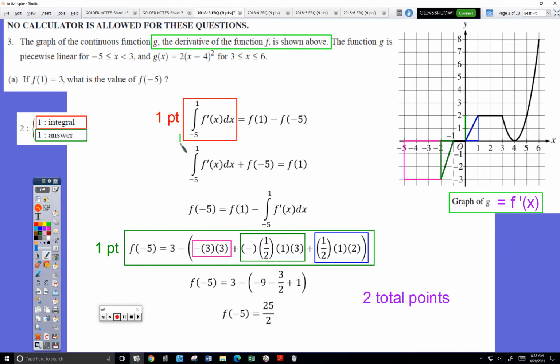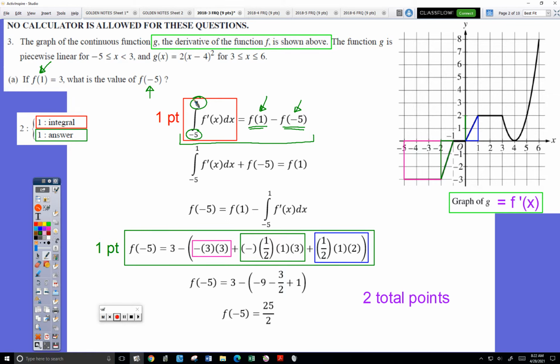The integral of f prime is equal to the difference in two f values. I'm going to pay attention to x equal 1 and x equal negative 5, because I need to find the value of f when x is negative 5, and I know the value of f when x equals 1. So those are my limits for the integral, negative 5 to 1.